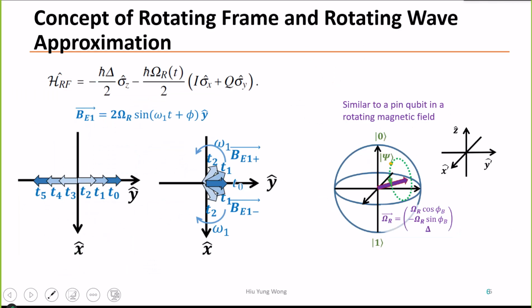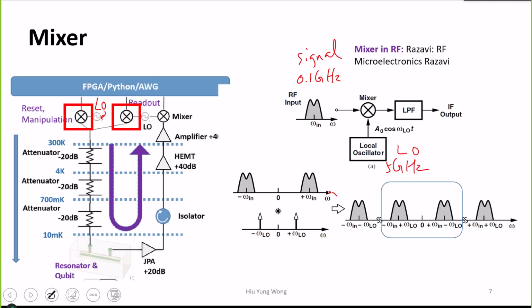So this is in the frequency domain, this is the LO, and this is my signal. In the frequency domain, you do Fourier transformation, you will get a positive and negative frequency. This is 1 gigahertz, this is negative 1 gigahertz. This is negative 5 gigahertz. This is 5 gigahertz.